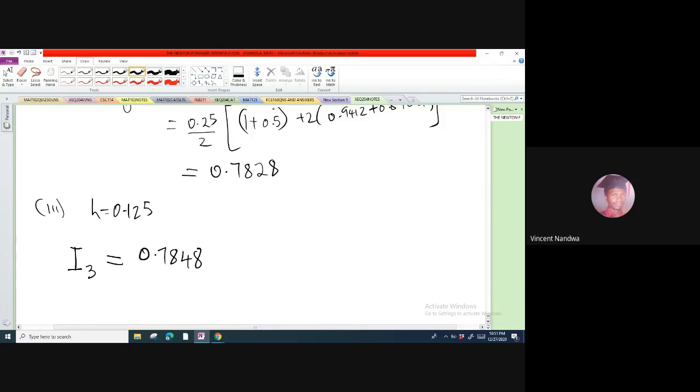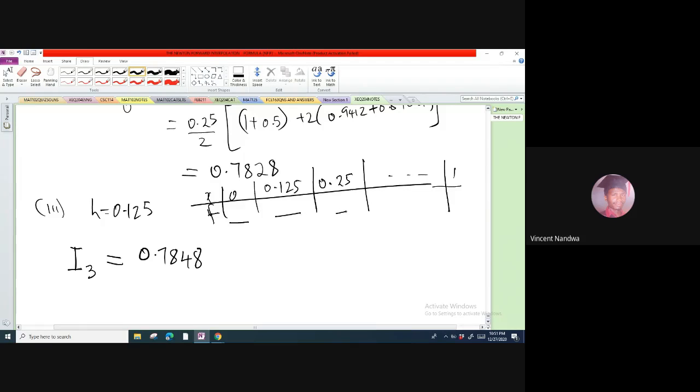Just do the normal thing. Have a table, x and f, so 0.125, 0.25, etc. up to 1, and then you get the corresponding values of f, and then apply the trapezoidal rule.